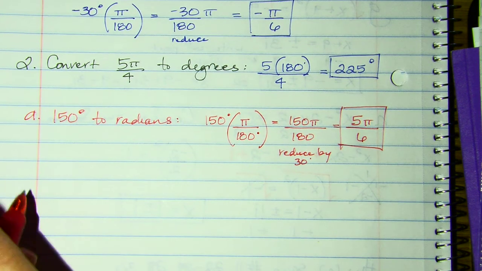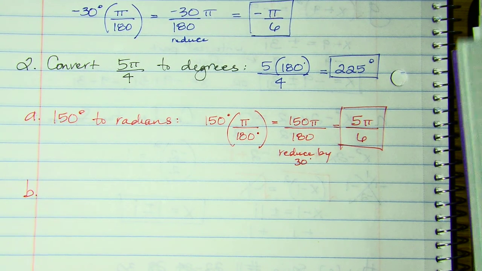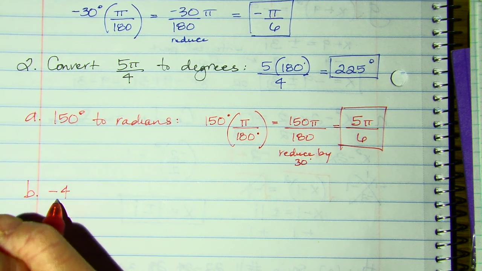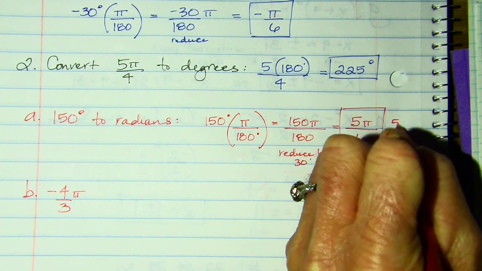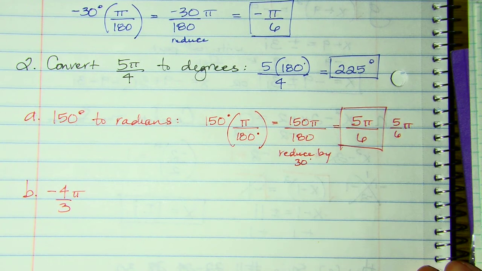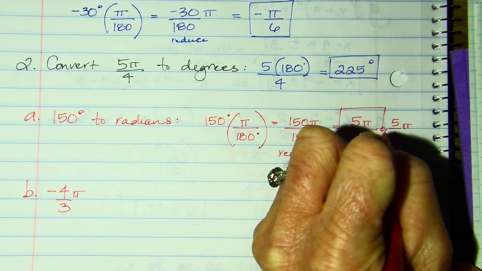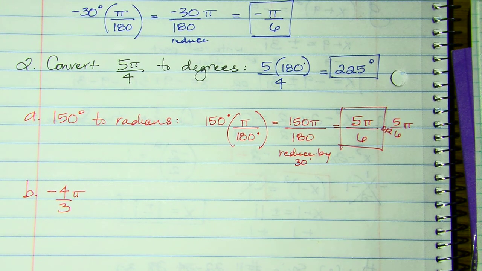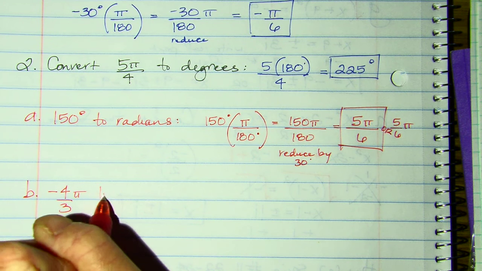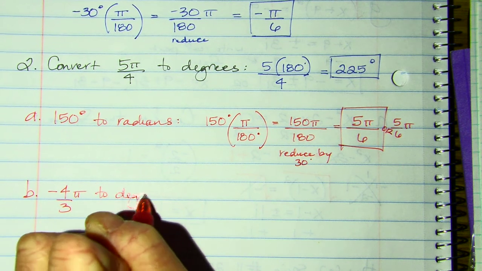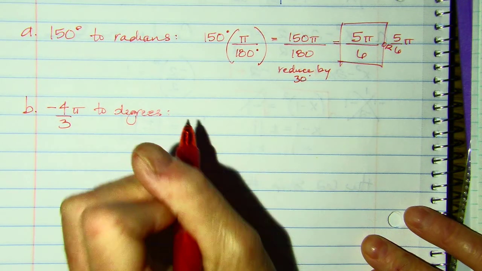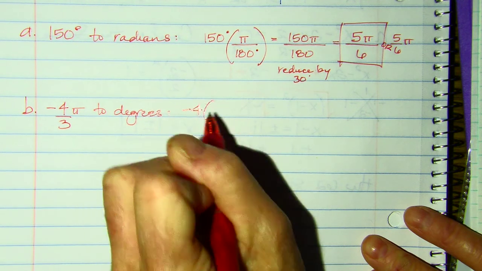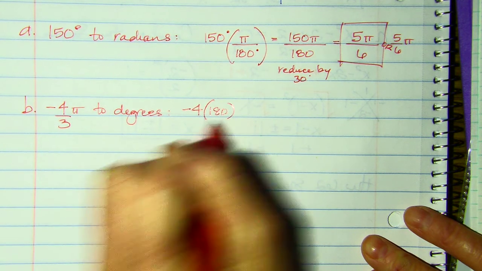Part B. They'd like me to convert negative 4/3 pi. Oh, and by the way, this could also be written 5/6 pi. It doesn't matter. I like to just keep pi on the top. So convert this to degrees. Now, I showed you a method. I think the fastest way is I know that pi is 180, and I know it's on top.